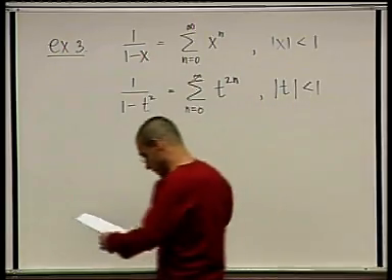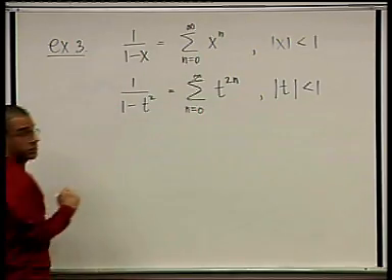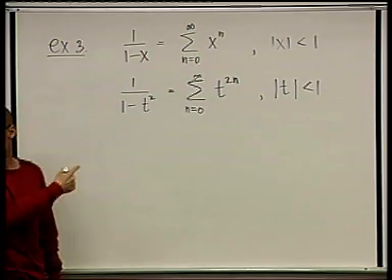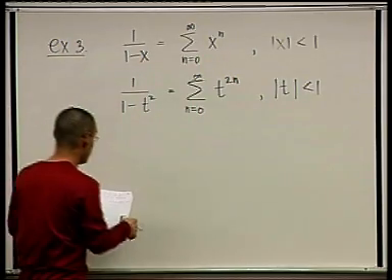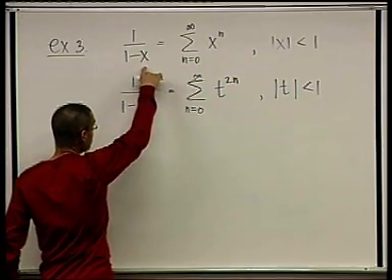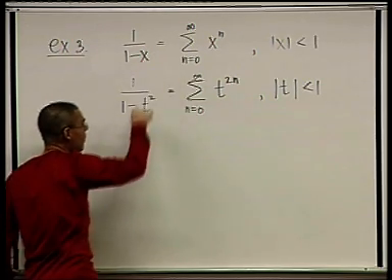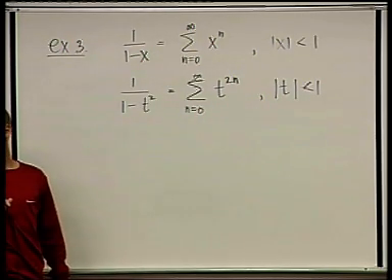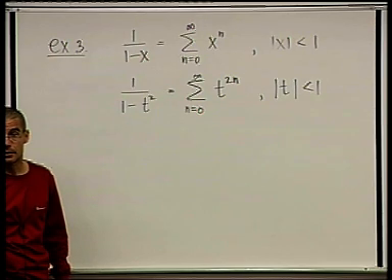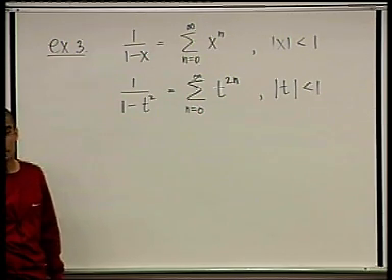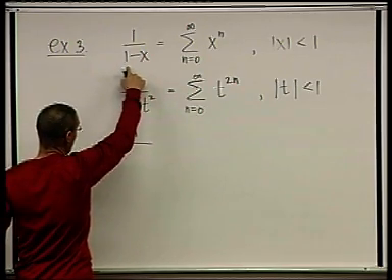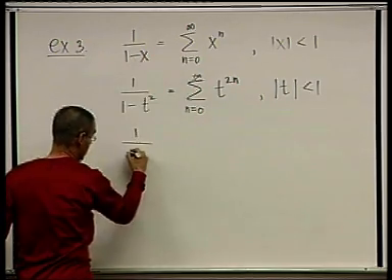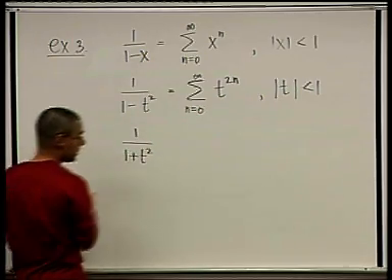By the way, here's another power series that we know, right? We just found a power series for a different function. But that's not what I want. I want to plug in not t squared, but minus t squared. Can I do that? Providing what? Right. So if I plug in minus t squared, I get 1 over 1 plus t squared.